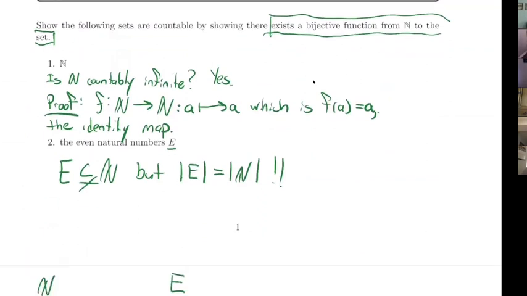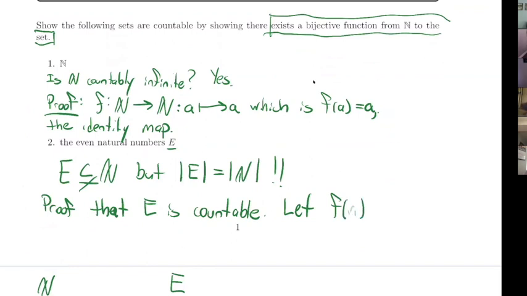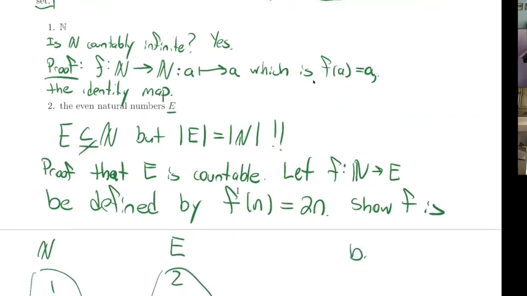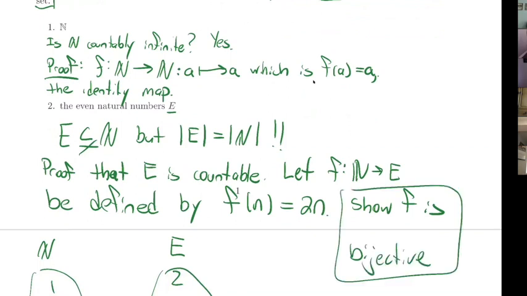The detail that we left out here is that we would want to prove that F is bijective, again, by giving a proof of injectivity and a proof of surjectivity. I won't get into those details here, but that's the idea.